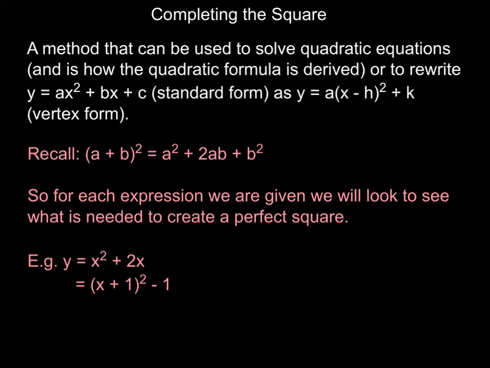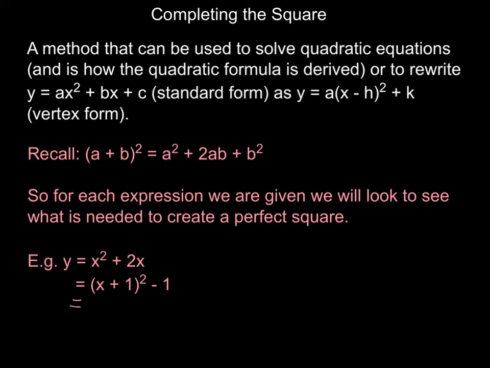And I've given you an example below that shows two equivalent expressions. x squared plus 2x turns out to be the same as (x plus 1) all squared minus 1. And you can, of course, verify this information by looking at the expansion, right?